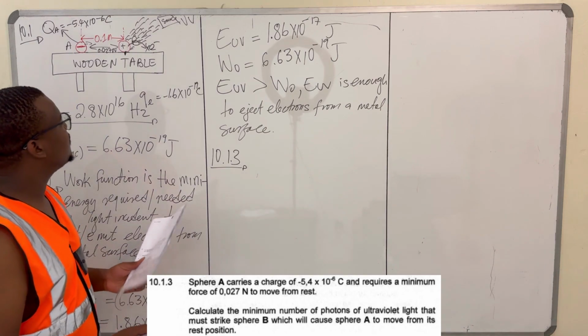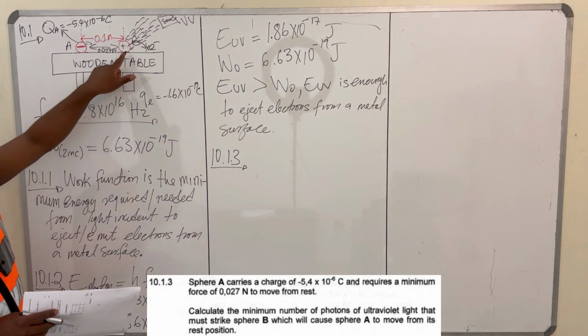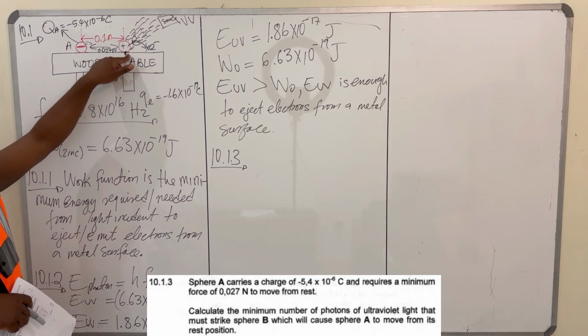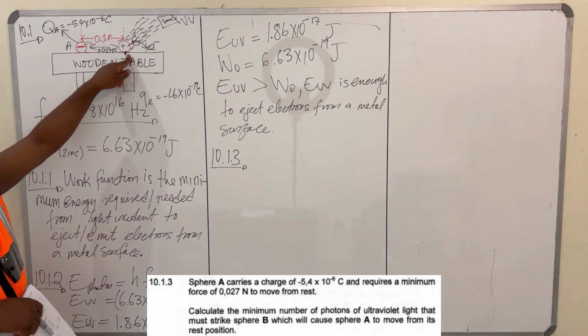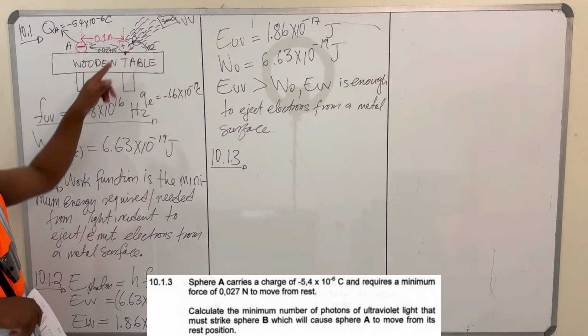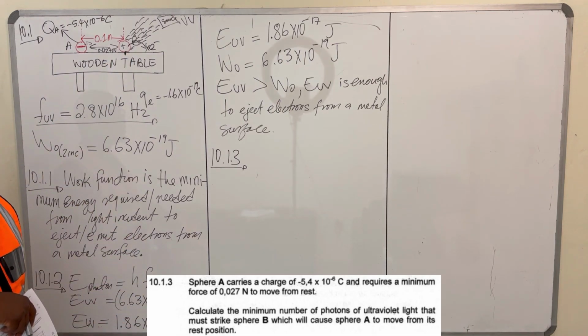So we can find the magnitude of this charge here and see how many electrons were removed from it, or find the total charge of electrons removed. Then that will tell us how many electrons were removed, and that number of electrons will be the same as the number of photons, because each photon is responsible for removing one electron. So if you know how many electrons were removed, then you know how many photons there were.